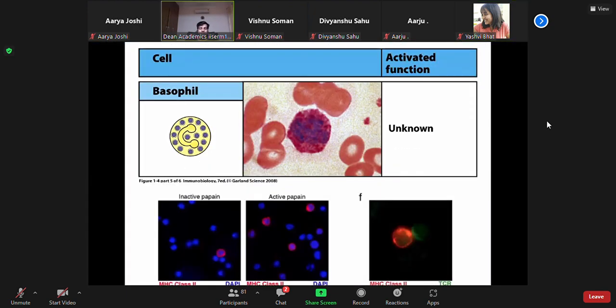So in this paper, what they showed was that these basophils can also serve as antigen-presenting cells. Now, for a cell to serve as an antigen-presenting cell, you have to have one classical feature, and that is the expression of MHC class 2, not MHC class 1, because MHC class 1 is present on all kinds of cells.